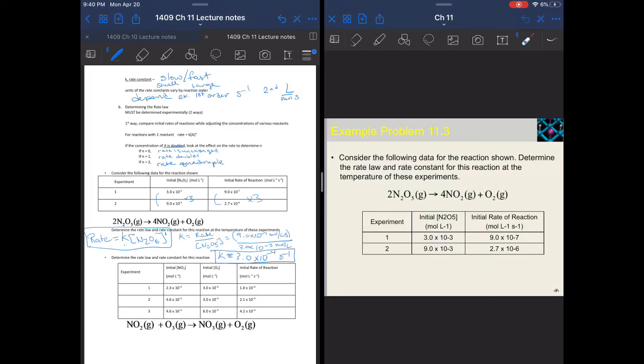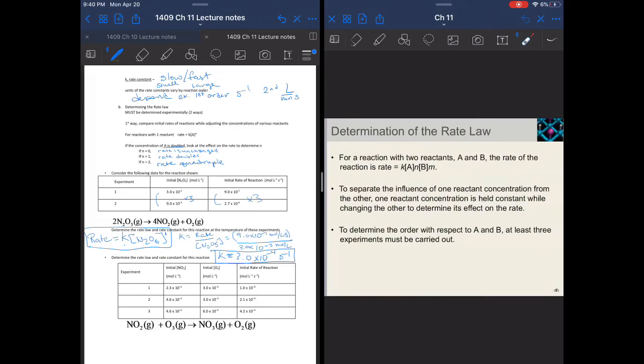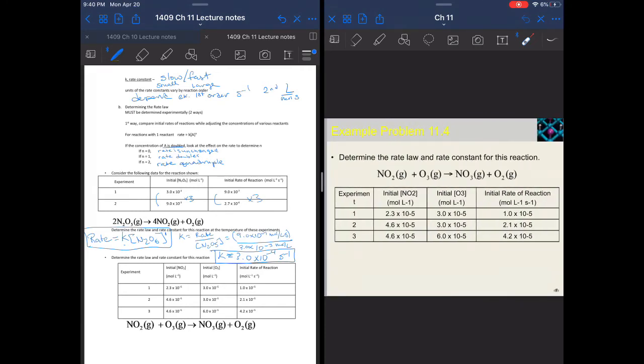Let's expand a little bit here and look at a reaction that has more than one starting material. Here we go. If we look at the reaction of nitrogen dioxide and ozone, we can study this rate law. So we want to figure out the reaction order for NO2 and for O3.